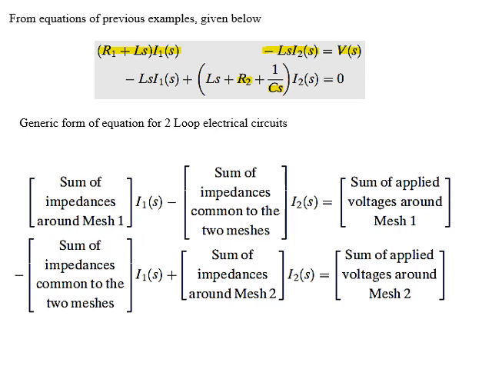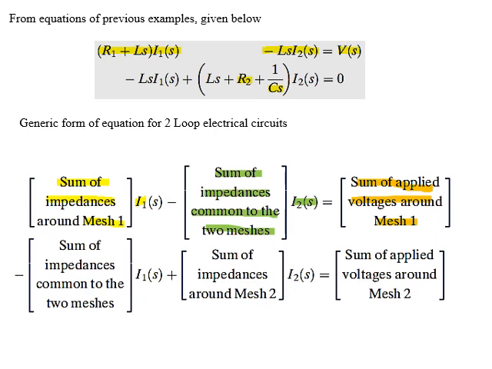Now the generic form will be somewhat like: the sum of impedances present around mesh 1 multiplied by the current of the mesh I1, minus the sum of impedances common to the two meshes, in this case the inductor, multiplied by I2(s), will be equal to the sum of applied voltages around mesh 1.